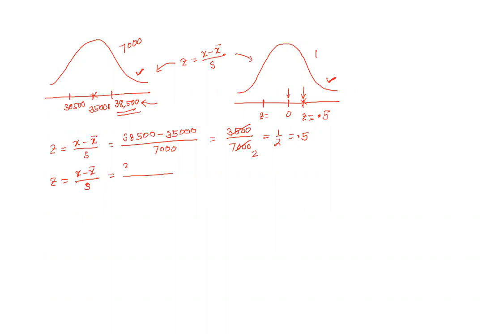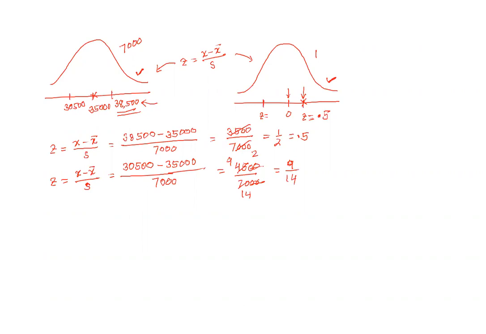X is 30,500 minus 35,000, x bar, over 7,000. So 30,500 minus 35,000, I think it's 4,500, divided by 7,000. These two zeros cancel out. 5 goes into this 9 times, 5 goes into this 14 times. So it's going to be 9 over 14.